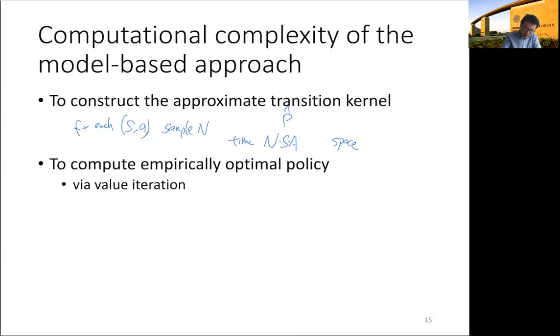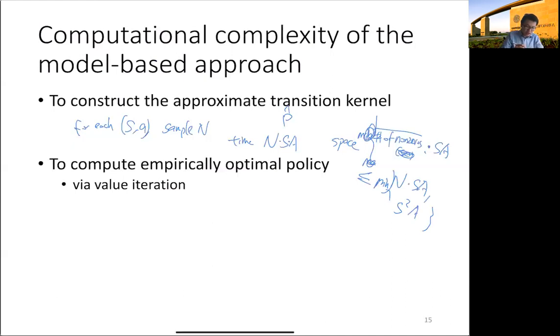So this would be the number of non-zeros per SA pair, the average number of non-zeros, times S and A. This is smaller than nSA obviously, but it is also smaller than S squared A. So it's a minimum of these two quantities, right? Now, how about value iteration? In value iteration, it takes this many iterations.